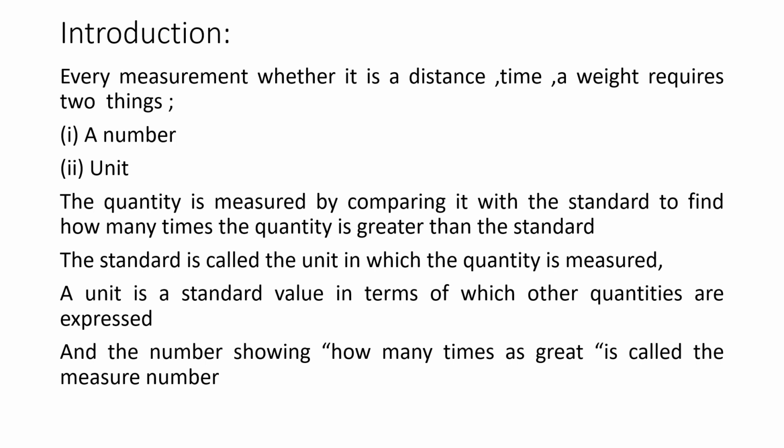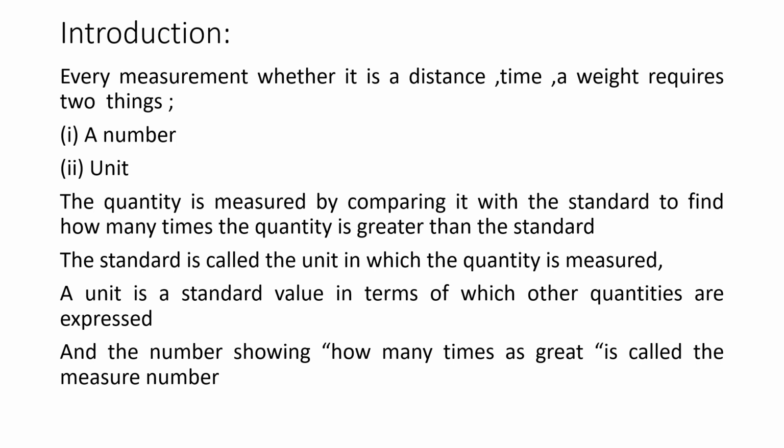So, for example, 1 feet is a standard of length when we measure something, that can be the width of a table, right, or the length of a cloth. So, we will measure how many times it is of 1 feet, so that we can say that the width of the table is 5 feet, 3 feet, etc.